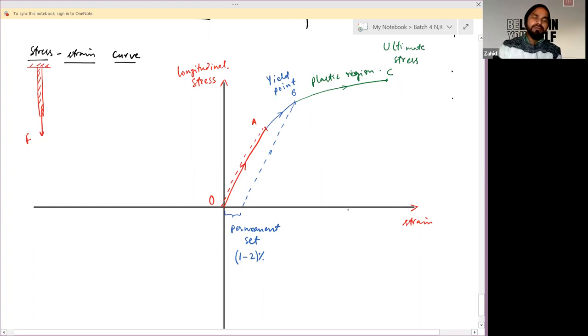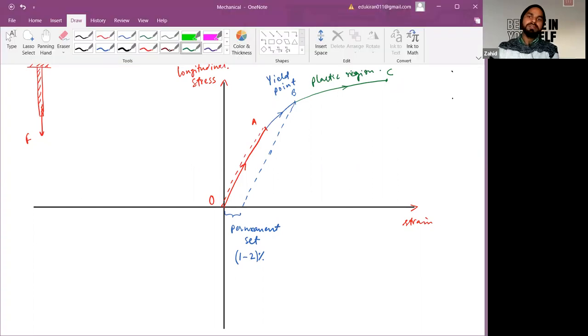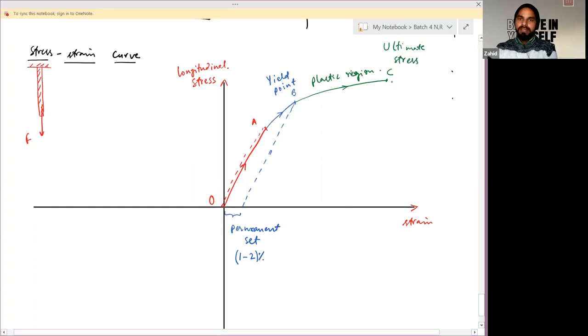Now, if you apply further deforming force to this body, it will start flowing, and at some point D, it will get broken. So point D is called breaking point or fracture point. From C to D, it will have tendency to flow like jelly. Is it clear? Yes, sir.